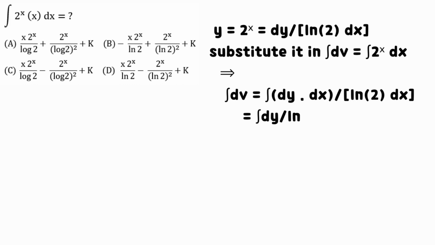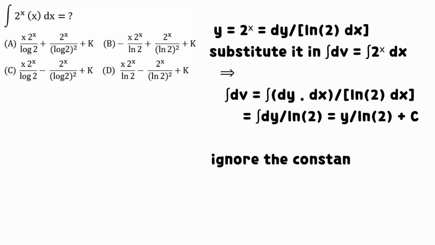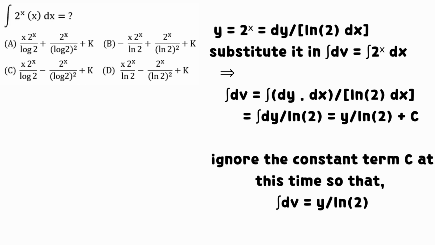Substitute it in the integral dv equals integral 2 to the power of x dx. This implies that integral dv equals y over ln 2 plus c, the constant term. Ignore the constant term c at this time, so that integral dv equals y over ln 2.